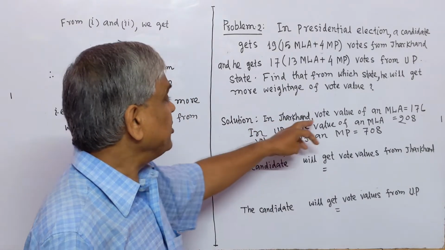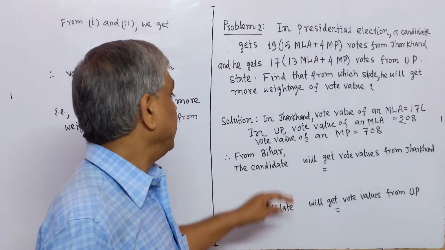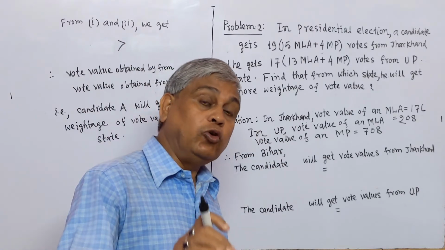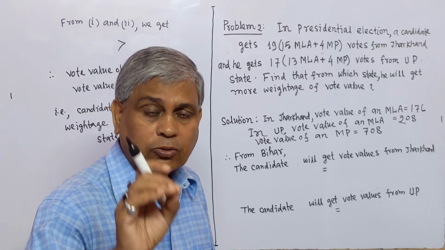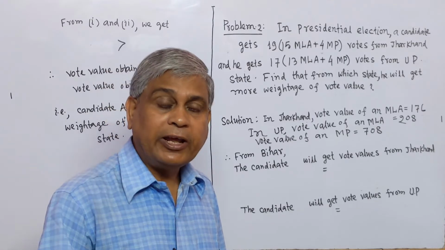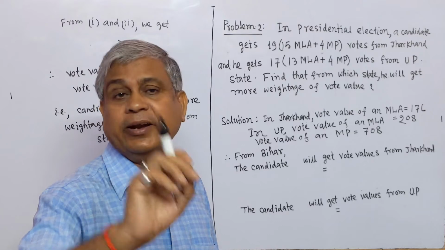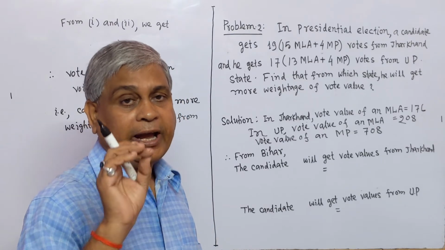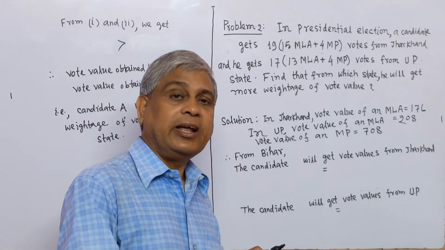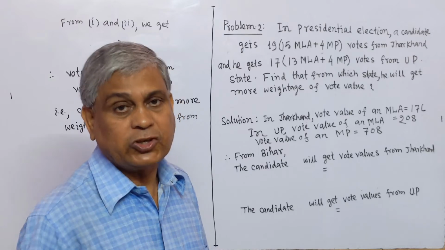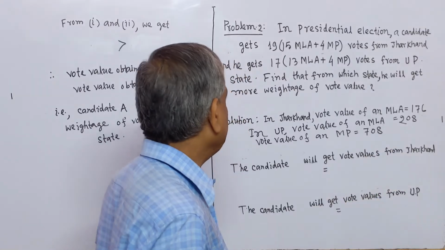Since in Jharkhand state, the vote value of an MLA is 176, and in UP, the vote value of an MLA is 208. And we also know that the vote value of an MP in the entire country is 708. Now we have to calculate the vote value obtained from Jharkhand state and from UP state.